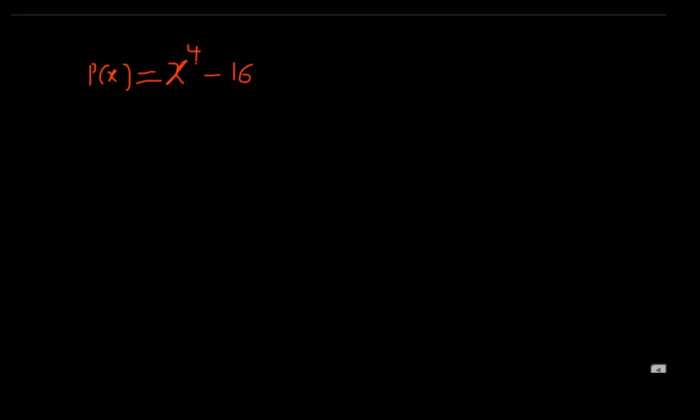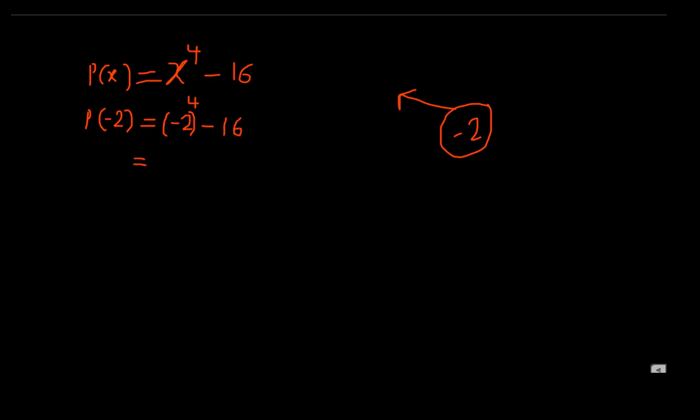So p of x equals x power 4 minus 16. And we need to verify whether minus 2 is a zero of this polynomial or not. For that we need to substitute minus 2 in the place of x. So by substituting minus 2 in the place of x, we get minus 2 whole power 4 minus 16.